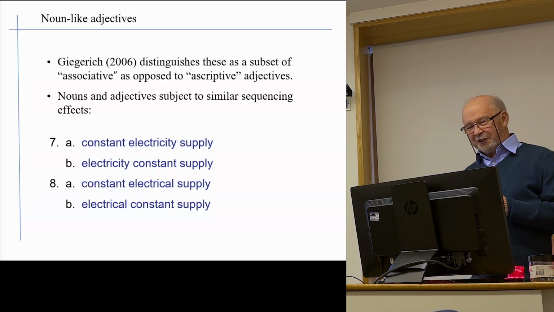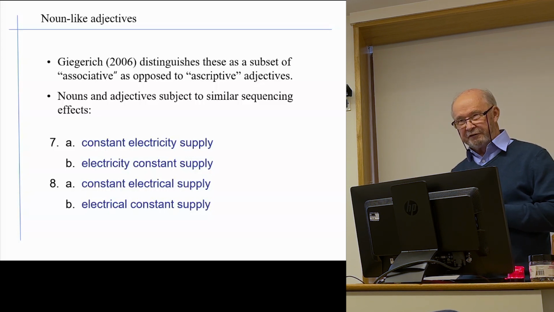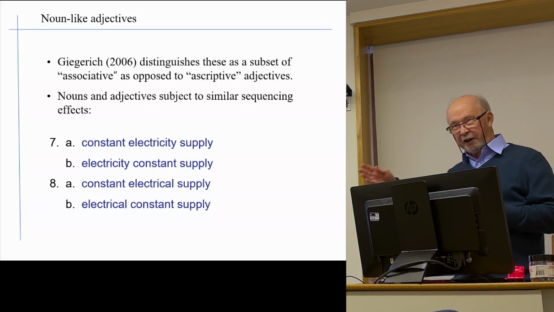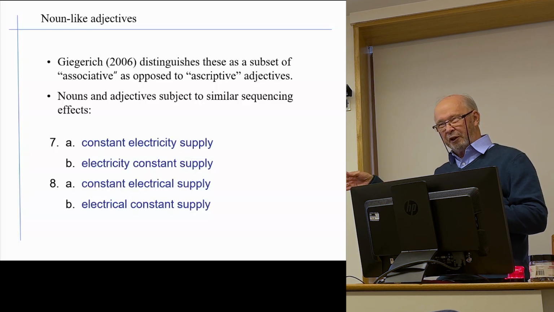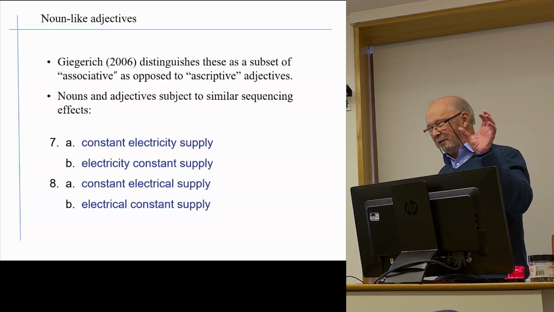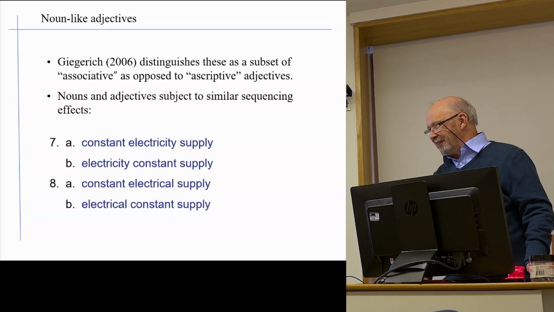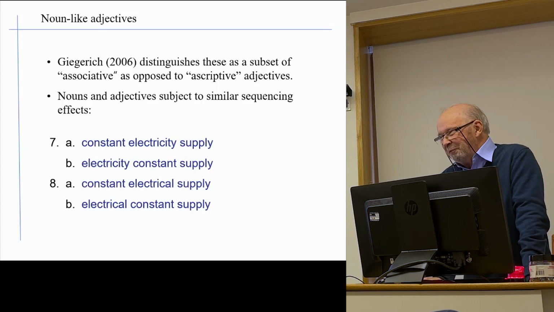Okay, pity, because Heinz distinguishes these as a subset of what he calls associative as opposed to attributive adjectives. There are others. There are things like papal death plot, where papal is a similar kind of thing. It's basically a subject kind of relation rather than anything else.